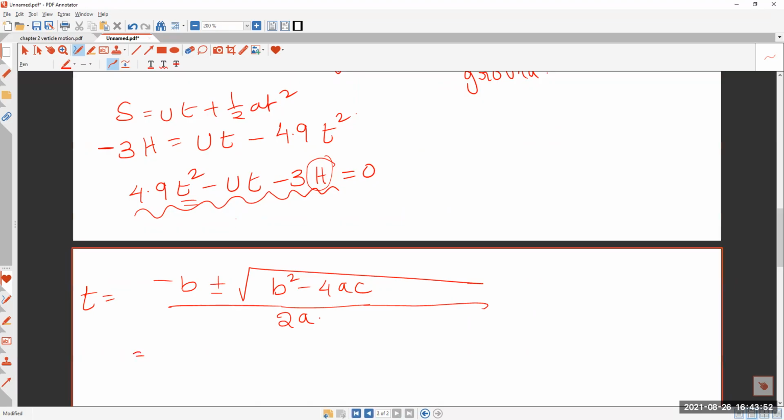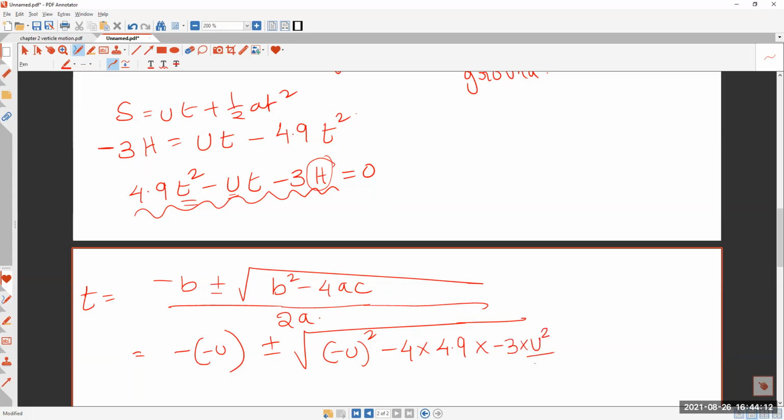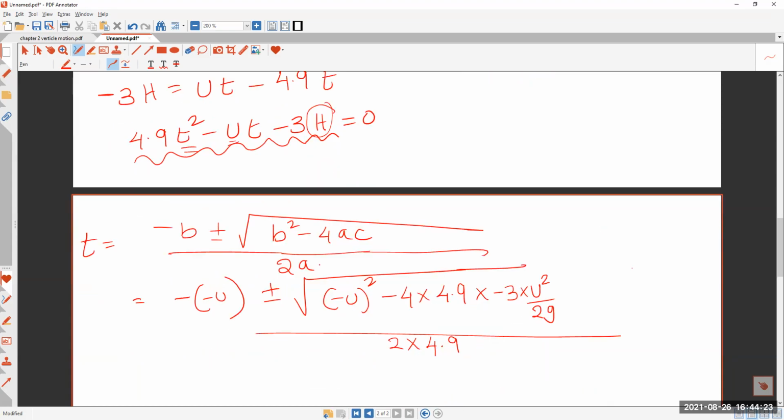So minus b is minus of minus u, because here b is u, plus minus root of b square, which is u square, minus 4a, where a is 4.9, c is minus 3 into h, and in place of h I write u square by 2g, divided by 2 into 4.9. Is this understood, everyone, what I did here?